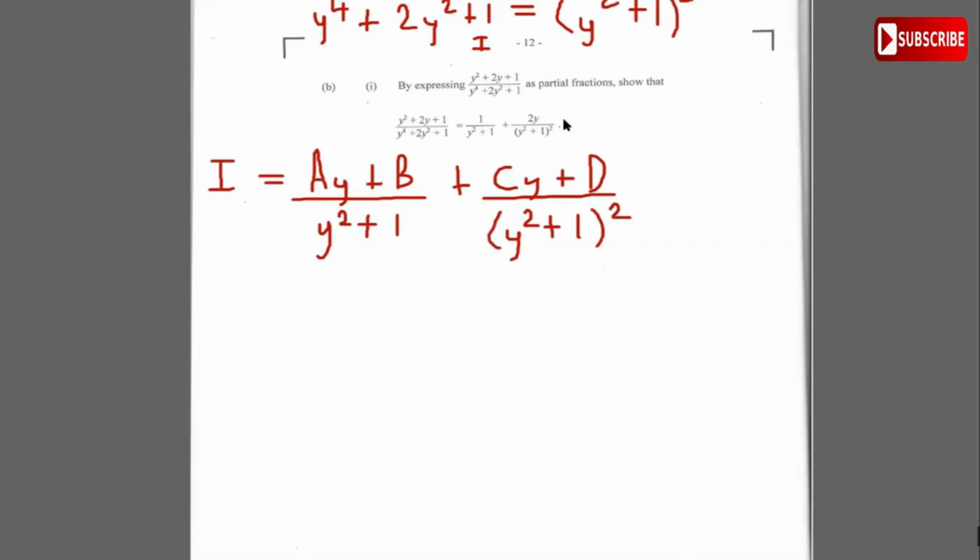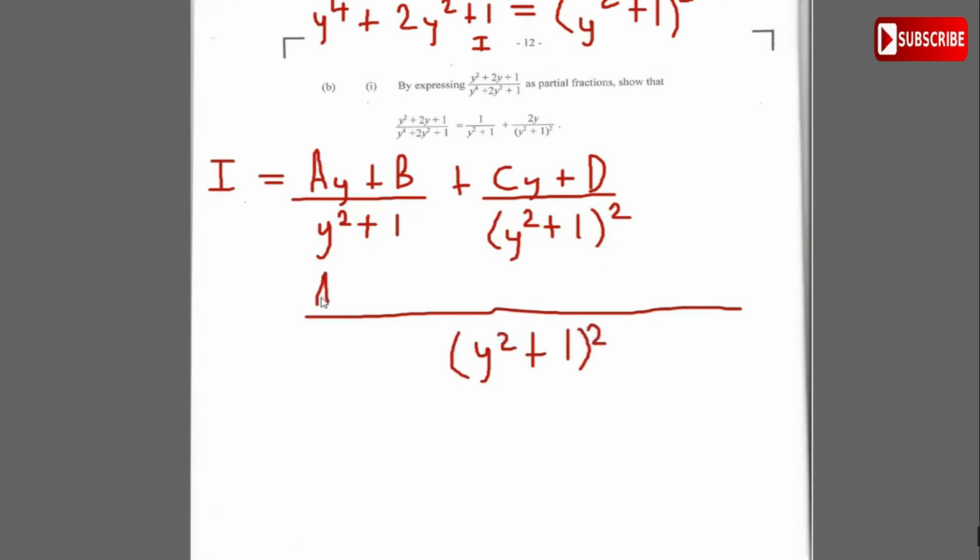All right, so let's go ahead and continue. Continuing this now, all we need to do is express this as one fraction first by finding the common LCM, which we know is y squared plus 1 all squared. And so this into this just leaves y squared plus 1.